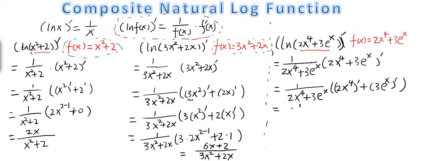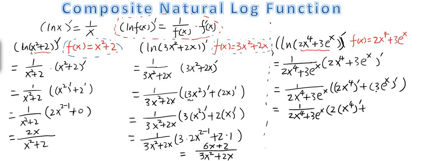Okay, and then we're gonna evaluate these two terms. For the first term, we have a constant 2, right? We just move it out, and we do the derivative of x to the power 4. And for the second term, we have a constant, 3 times e to the power x. We just extract the 3 out of this function, and we do the derivative only for the e to the power x. And then we can simplify it.